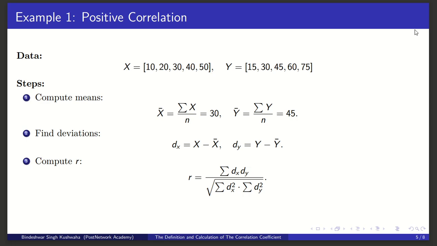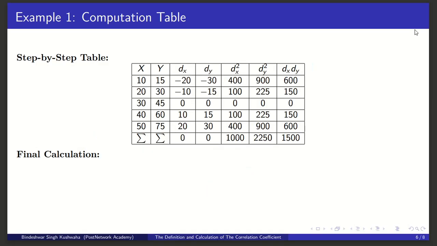And see that correlation is free from shift of scale or origin. So we can use this formula in an easy way. So let us calculate dx, dy, dx square, dy square. In the table I have calculated them.